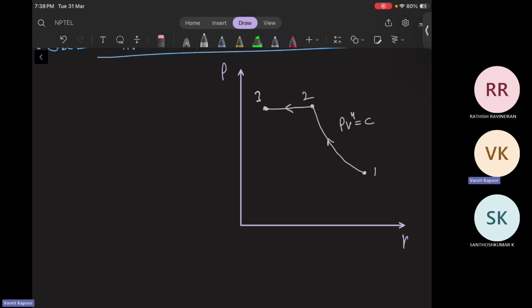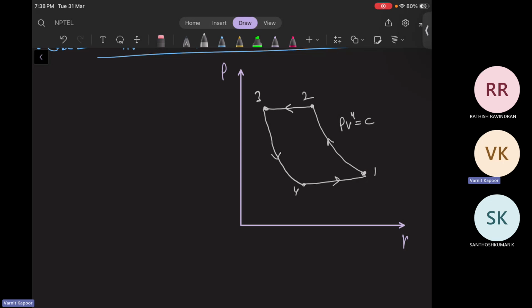At same pressure, discharge is happening. Okay. Exhaust is happening. Expansion is happening now from 3 to 4. And finally, suction happens from 4 to 1. So suction happens from 4 to 1, 1 to 2 compression, 2 to 3 exhaust, 3 to 4 expansion, and 4 to 1 again suction.